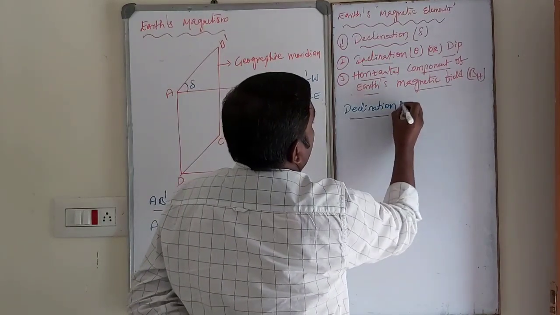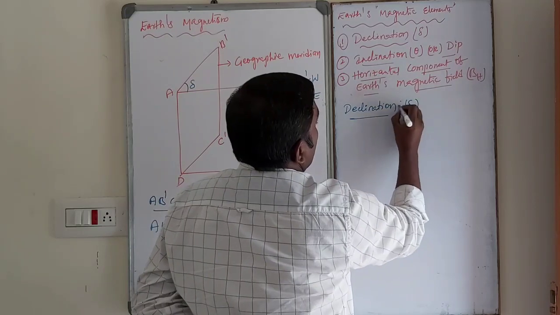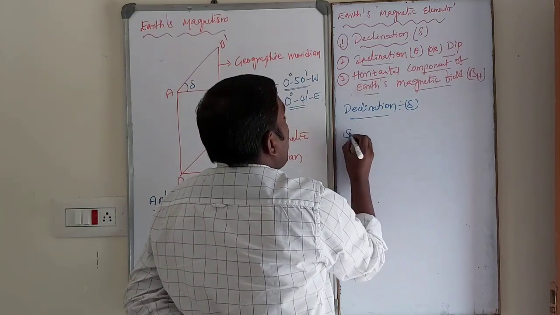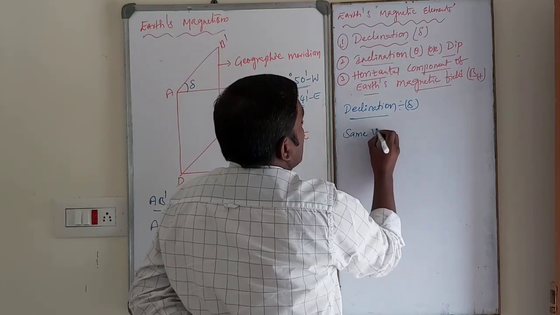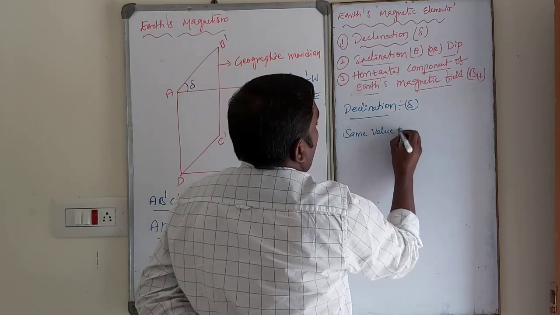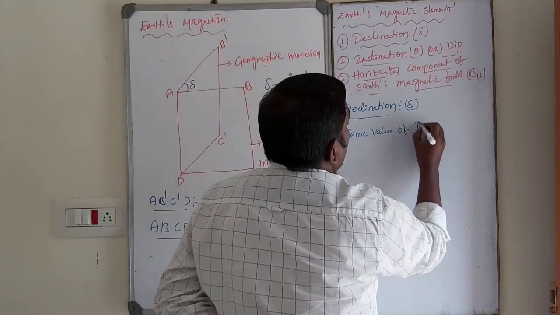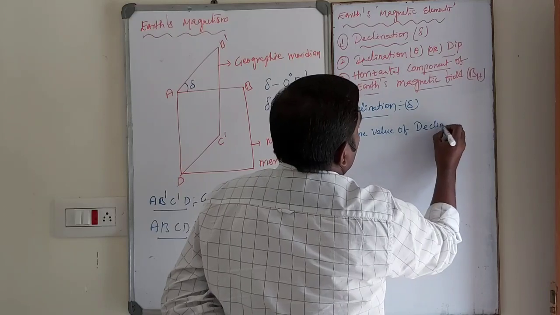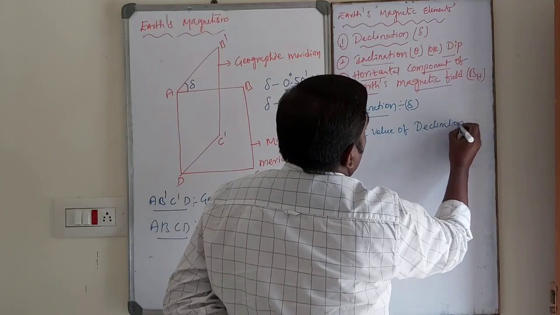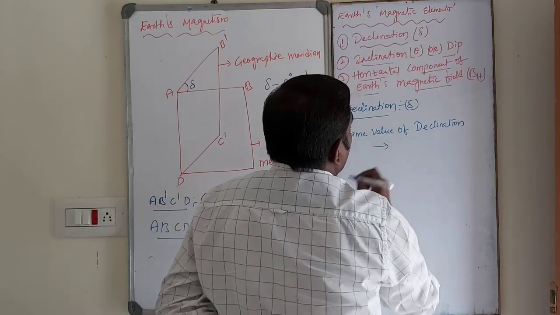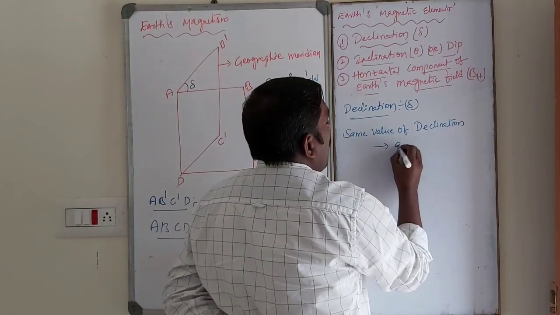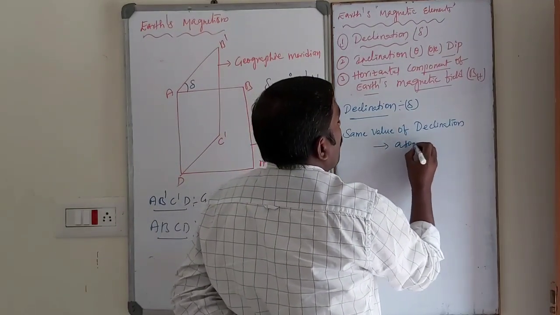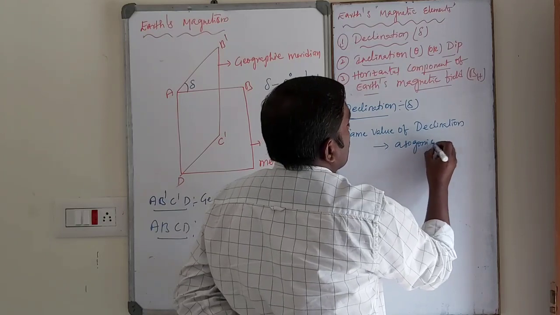So the representative letter is what? Delta. The same value of declination is nothing but which line? Isogonic line.